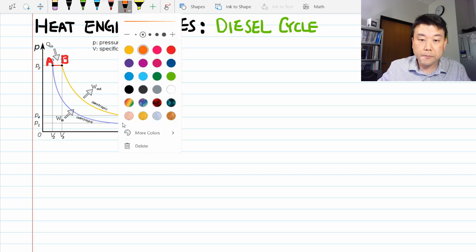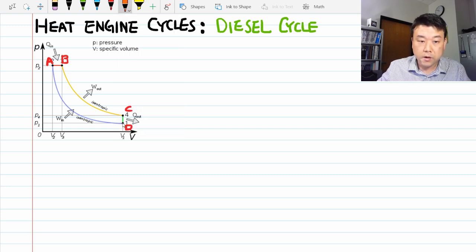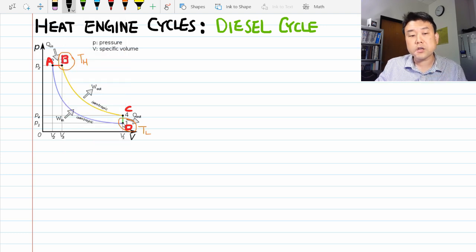So for comparison with the other cycles that we'll look at, we are going to need to specify the highest temperature, which is going to be at point B. And we are going to need to specify the lowest temperature, which is going to be at point D. And let me cross out the parameters that we are not going to use to specify our system, because as I was saying, right now this system is overdefined.